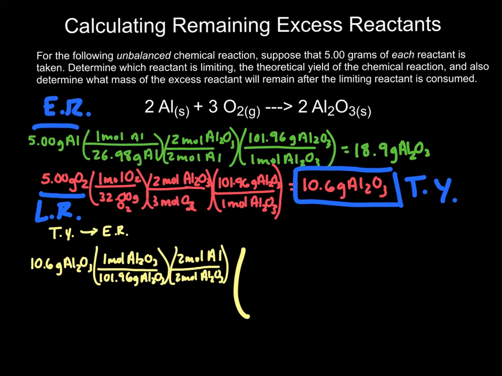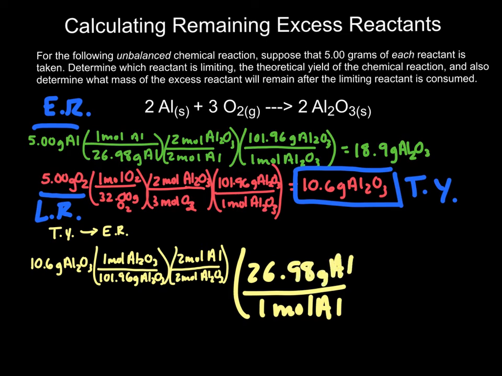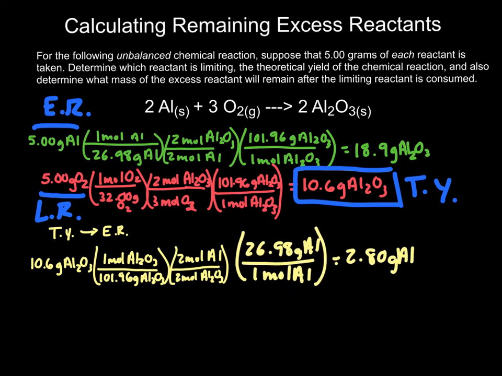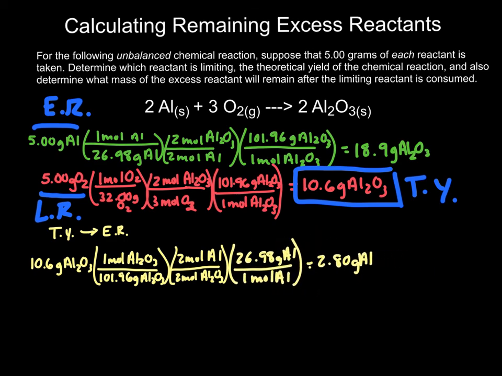We continue on. For every 1 mole of aluminum that reacts, 26.98 grams of aluminum react. That's our molar mass. When we do this math, we get 2.80 grams of aluminum are required.